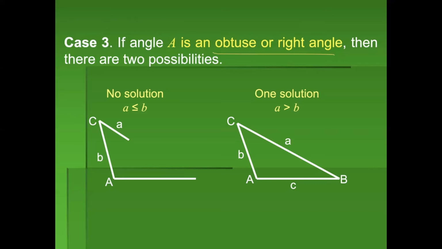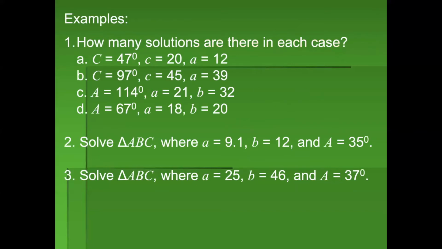The first thing that we will do here is to identify what case. After identifying the case, we will identify the number of solutions. After we identify the number of solutions, we will solve for the dimensions of the triangle. Okay, so let us answer these examples.